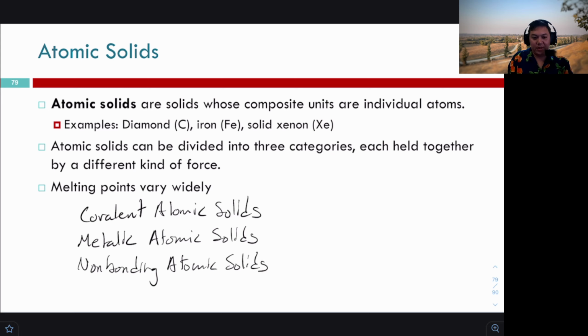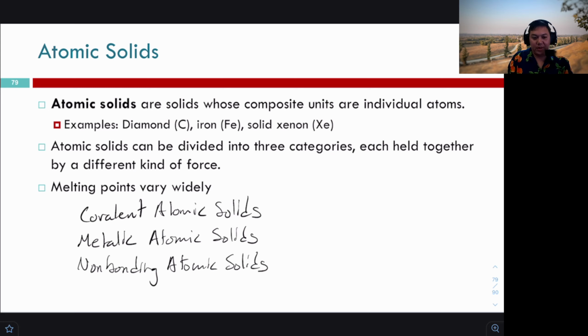So again, here we have our atomic solids, and we're breaking those down further. Covalent solids are atoms held together by covalent bonds. That is something like silicon, or we mentioned also diamond. They have very high melting points because covalent bonds are some of the strongest bonds that we know of. We also have non-bonding atomic solids, which are just held together by dispersion forces.